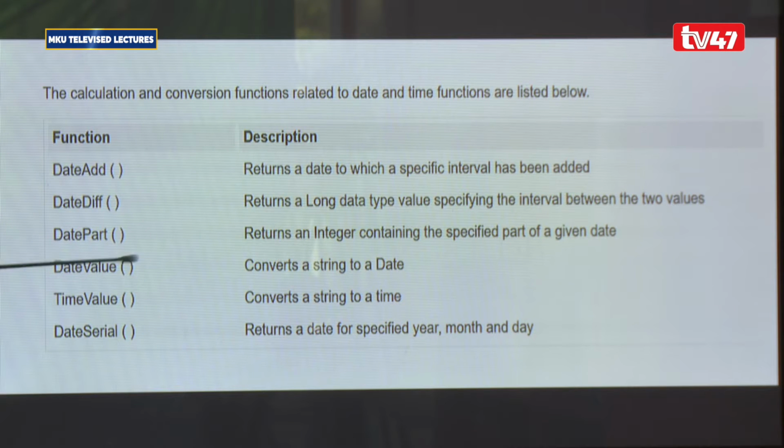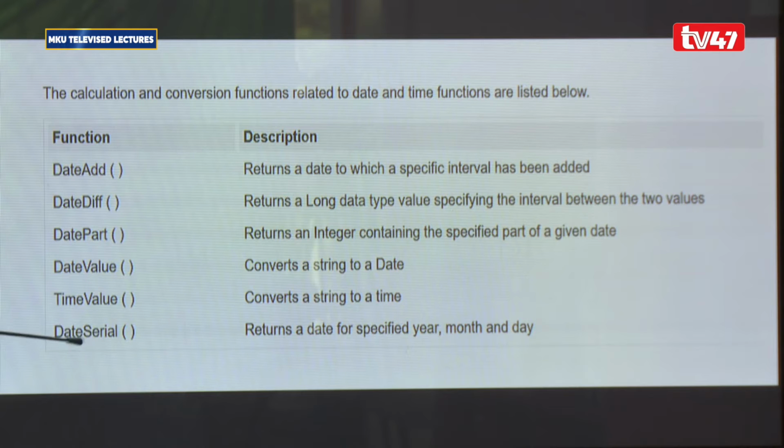We also have the date part that returns an integer containing the specified part of a given date. We have the date value function that converts a single string to a date. And we have the time value function that is used to convert a single string to time, because we have said you can have date or time.